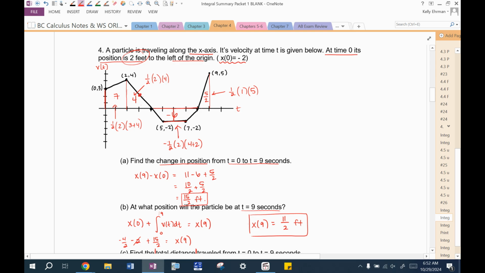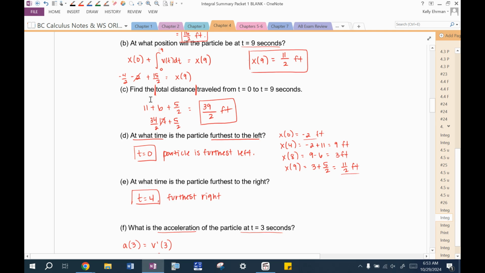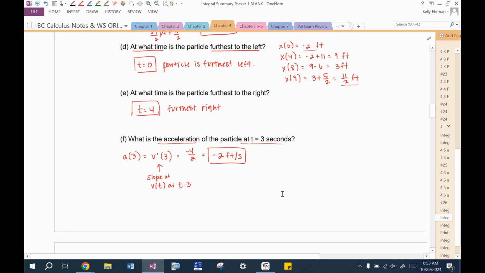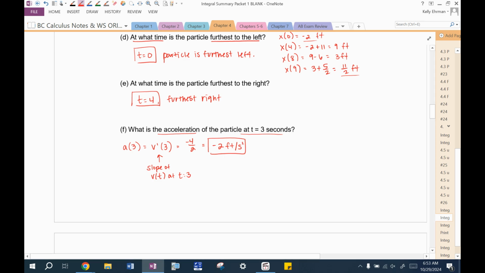So what is the slope of this line? We are decreasing 4. Rise over run is a decrease of 4 over 2. So the slope is -4 over 2, which would be -2. And what's the label on that? We're traveling in feet per second. Oh, feet per second squared. Sorry, acceleration. Feet per second per second.